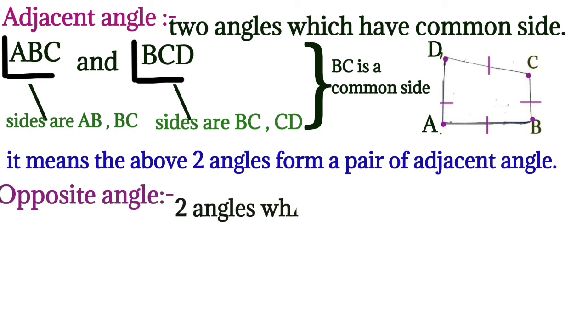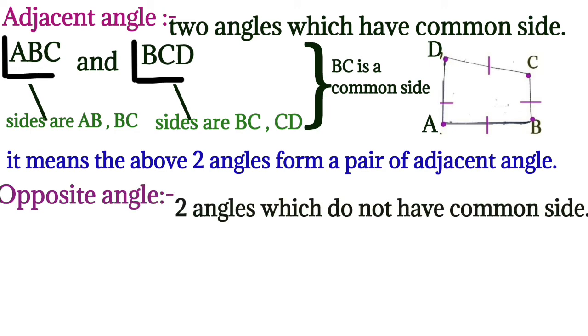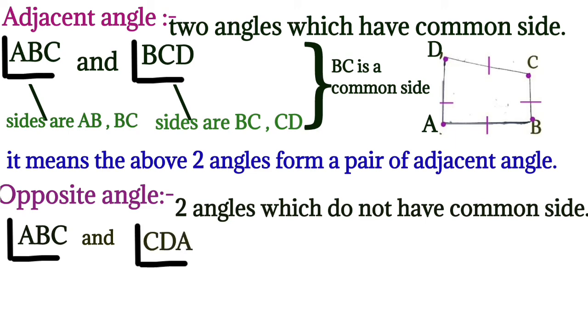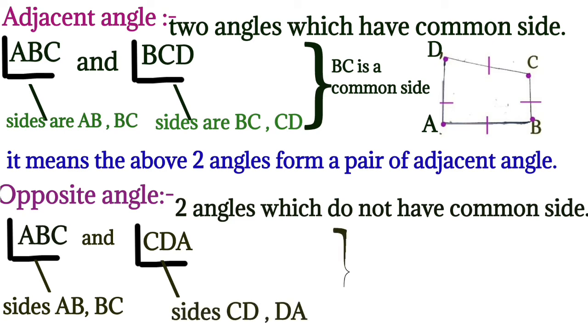Next is opposite angles. Two angles of a quadrilateral ABCD are called opposite angles if they don't have a common side. In the name itself we can say opposite means two angles are opposite to each other. See, take angle ABC and CDA. Both are opposite. In angle ABC, two sides will be there, AB and BC, and in angle CDA, CD and DA.